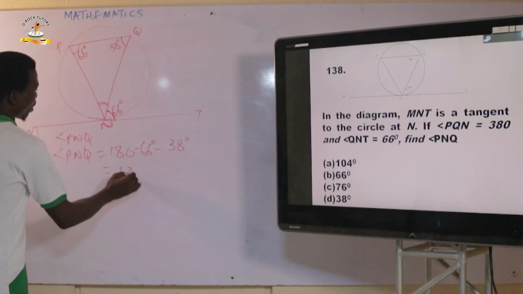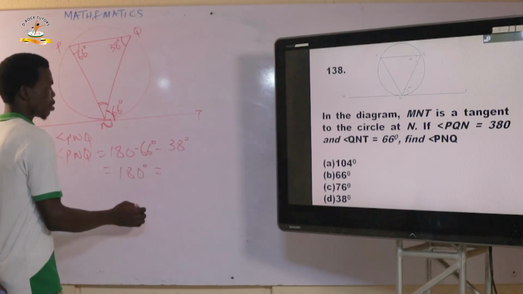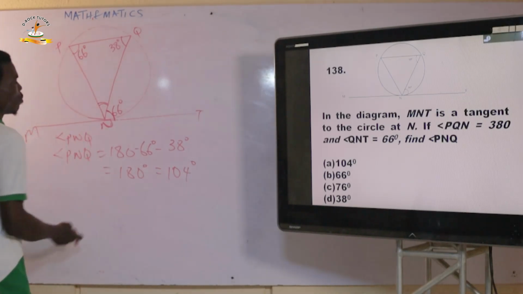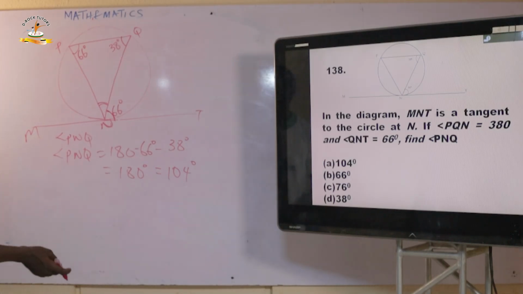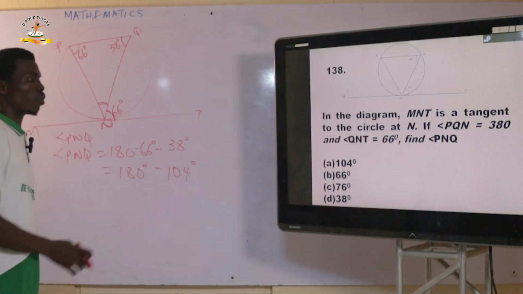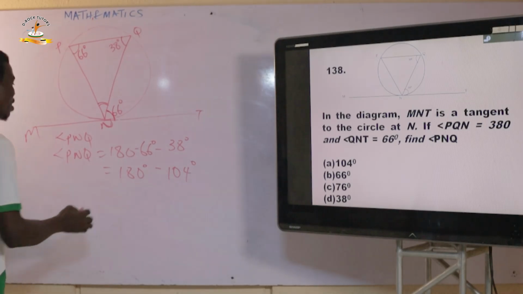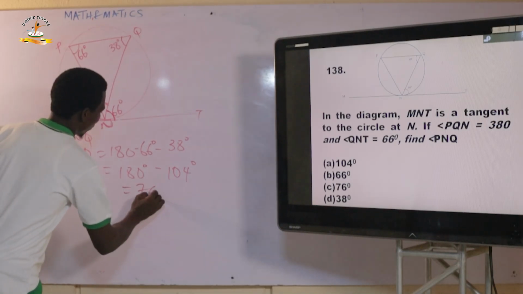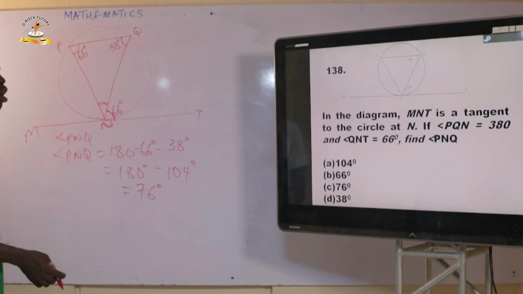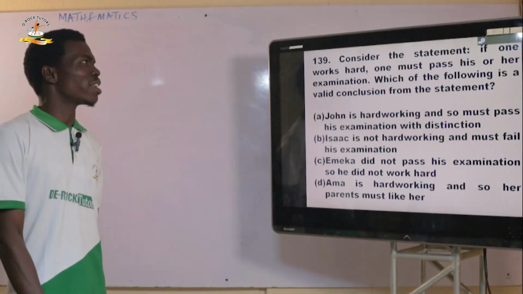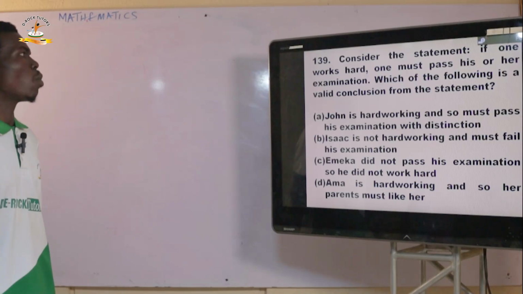And this is simply 180 degrees minus 104 degrees. When you do 180 minus 104, you are left with 76 degrees. So the correct option there is option C.